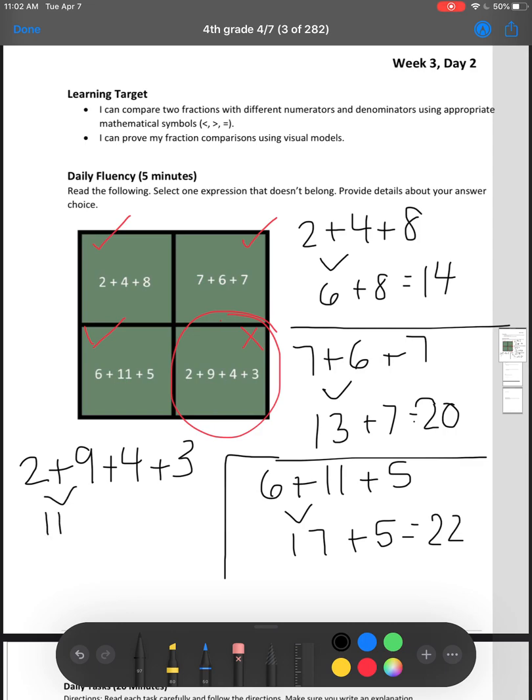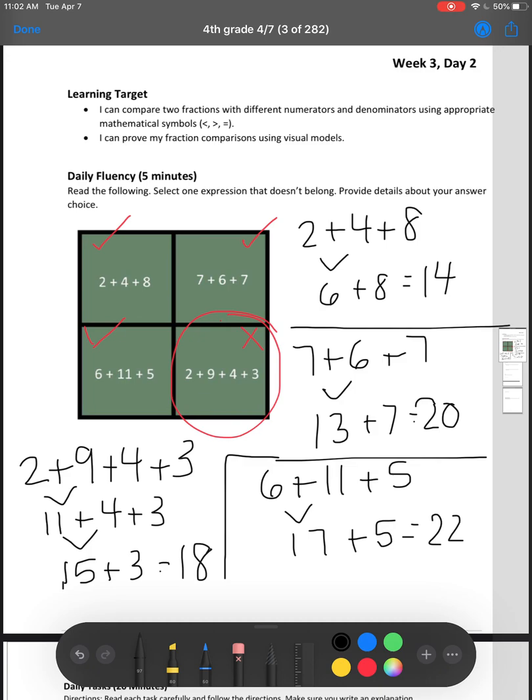This gives us 11, then 15, and then our final answer is going to be 18. Now you could look at these 4 problems and ask, is there anything in the answers that tells us why one of these expressions wouldn't belong? That could be one way.